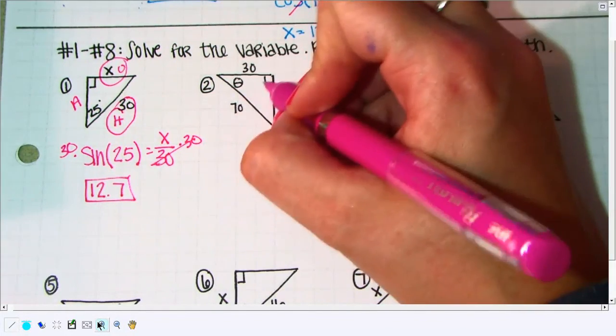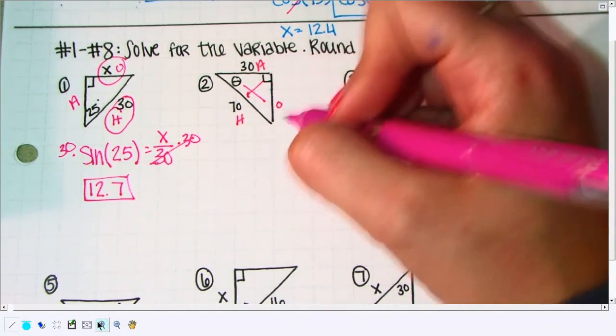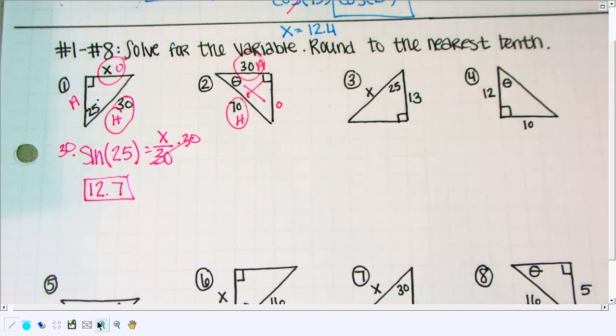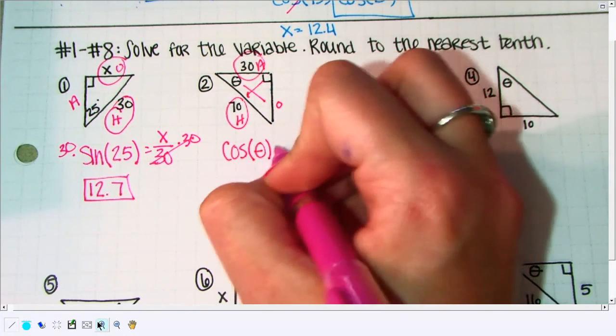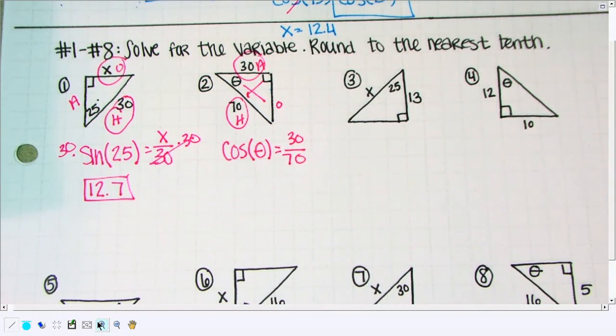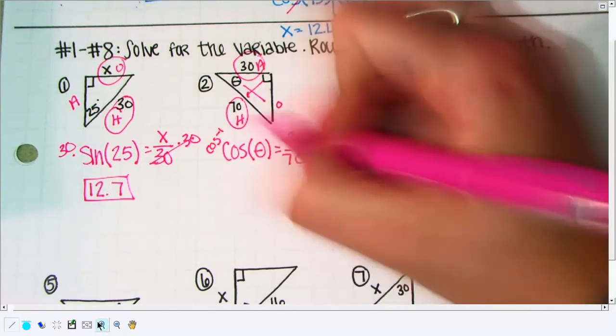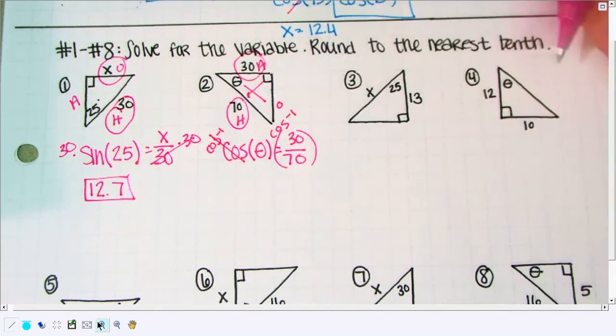All right, next one. H, O, A. I have A and H, and that's cosine. Cosine of my angle, which is theta, equals adjacent 30 over hypotenuse 70. Again, I don't have the angle, so I have to multiply both sides by cosine to the negative 1, so these will cancel.